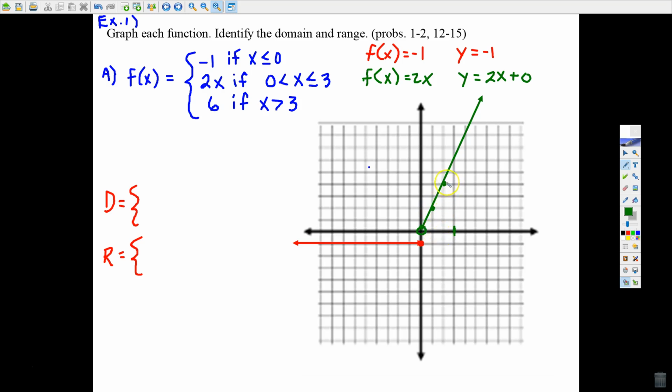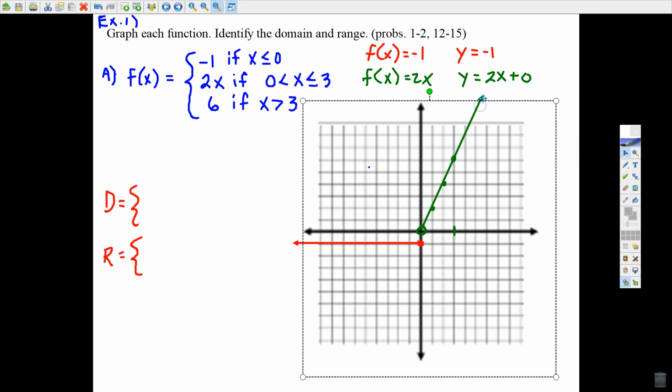Like 1, 2, that's okay. 2, 4, perfectly okay because 2 is between 0 and 3. I can even have the number 3 as an x coordinate on this line. So I just can't have any numbers beyond 3. So what I'm going to have to do is cut some of my line off on this side as well.